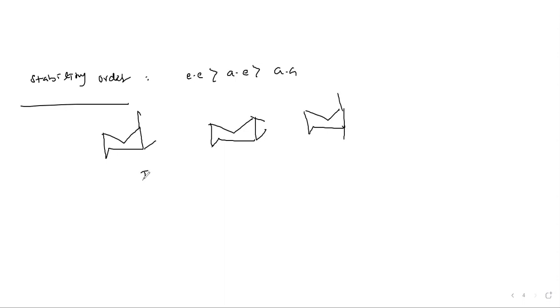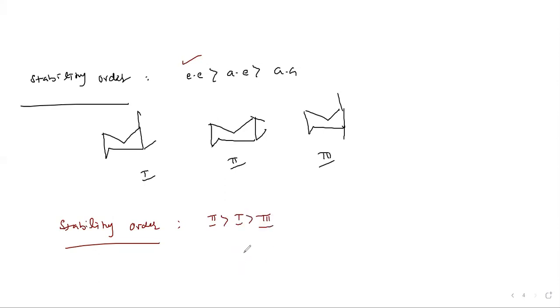Then 1 2 3, which is more stable? Stability order. Which is more stable, guys? Okay, 2 is always more stable, because both are equatorial. Equatorial is always more stable than the first one, then the third one. This is the order. Is it clear?